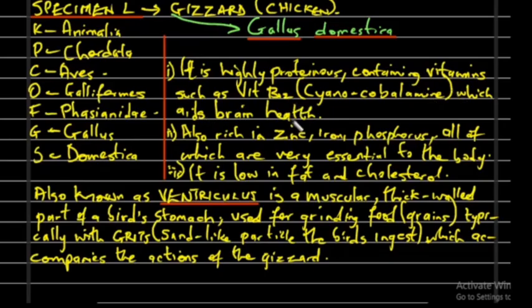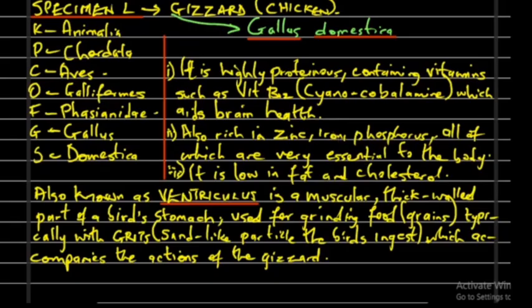Yes, cyanocobalamin aids brain health, and that is why it is a very major essential nutrient. Also, it is rich in vitamins, iron, phosphorus, all of which are very essential to the body. This particular substance is low in fat and cholesterol. That is why it is highly sought after as an addition to one's diet.